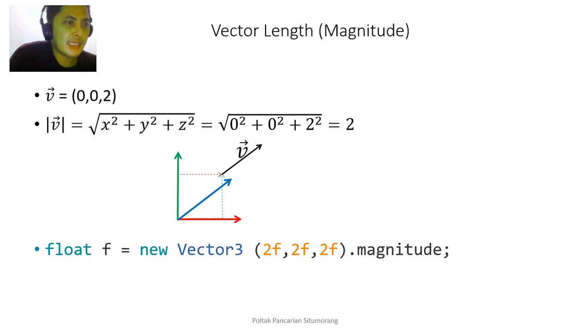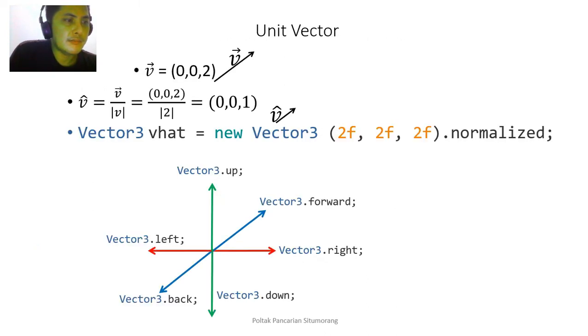A vector has a length or distance. In Unity, use the magnitude attribute of a vector to obtain its length. A vector has a length and a direction. A unit vector is a vector of length 1. A vector v can be normalized so that it becomes a unit vector. The normalized vector has the same direction as v, but it has length 1.